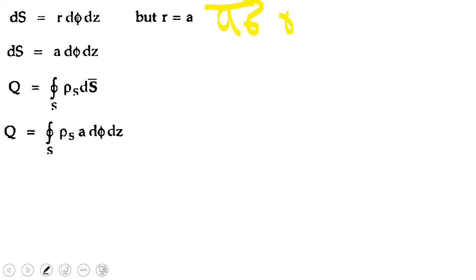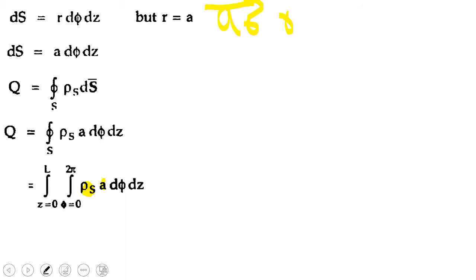For the full cylinder, what is the limit of integration? The z length will be from 0 to L, since the length of the coaxial cable and of the Gaussian cylinder are both equal. For phi, the full cylinder means 0 to 2 pi. In this integration, rho s is constant, the charge density is constant, and a is constant, since the radius is fixed.